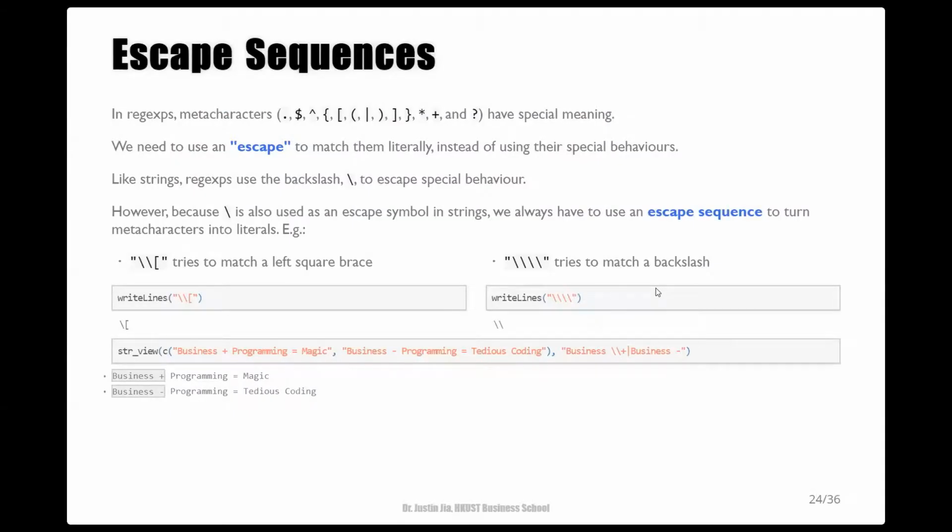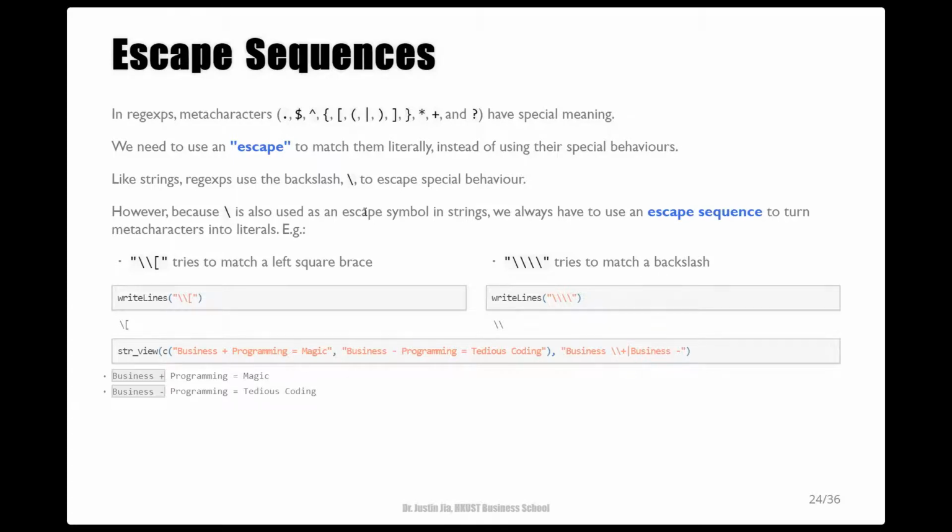But if a metacharacter has a special meaning, how do we match it literally? What we need is an escape to tell the regular expression we want to match it exactly, not use its special behavior. Like strings, regular expressions use the backslash to escape special behavior. However, backslash is also used as an escape symbol in strings.